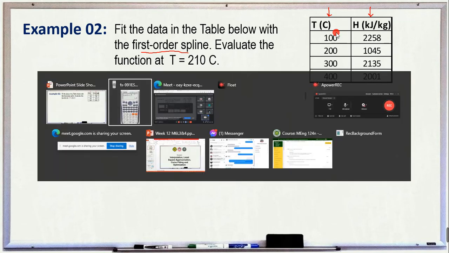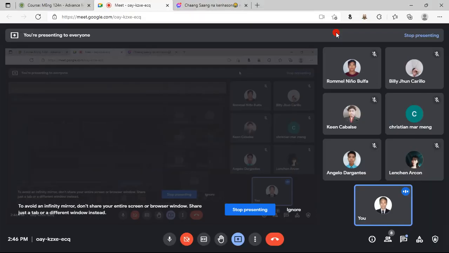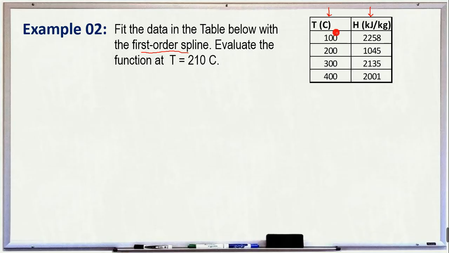Hello, unsa man? Linear or non-linear? Diba, non-linear man siya, non-linear. Mao nang erroneous ang pag-approximate ani. Well, anyways, ang first start no for a spline interpolation ang first order. So ato lang siya i-approximate as a first order spline.